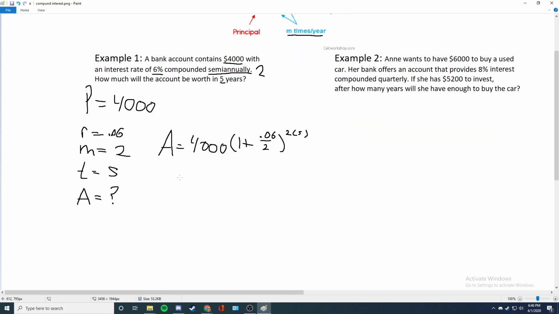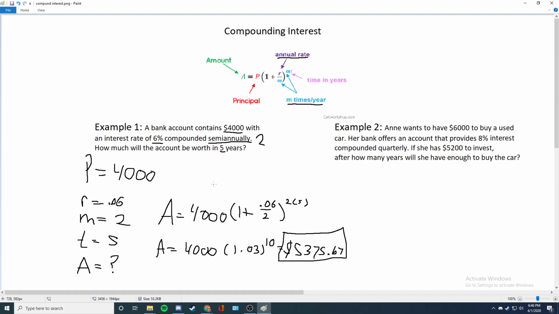So now if we simplify this a little bit, we end up with A equals 4,000 times 1 plus 0.03, so 1.03 to the 10th power. And then once you plug that into your calculator, we end up with $5,375.67. So this is the final answer for that one.